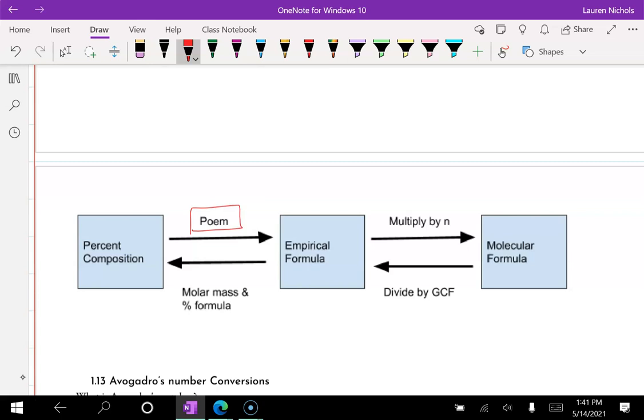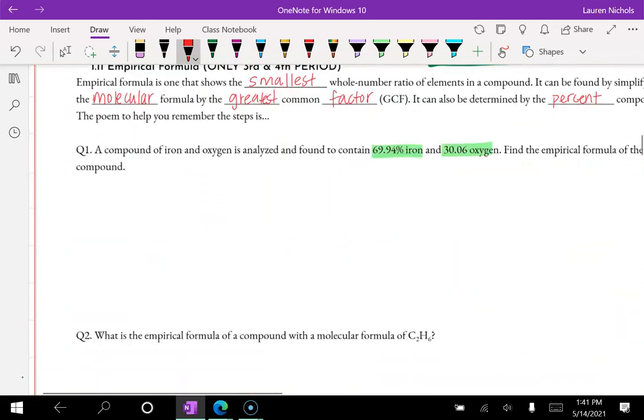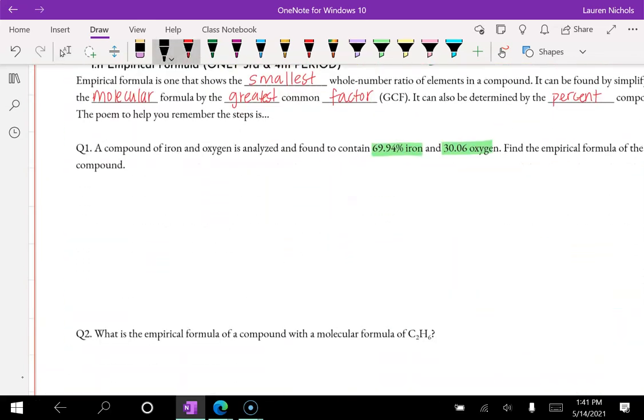Earlier, we started with our empirical formula, and we did our molar mass and our percent formula to get that. So we already did this. This was skill 1.10 that we did at the beginning of this video. But now we're going to look at the poem. Now, the poem goes like this.